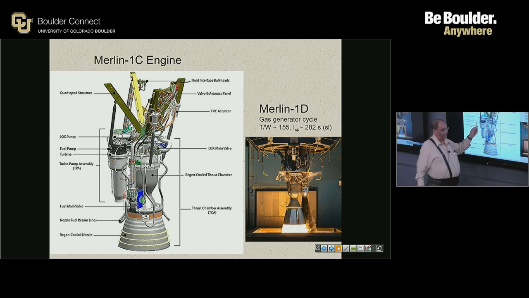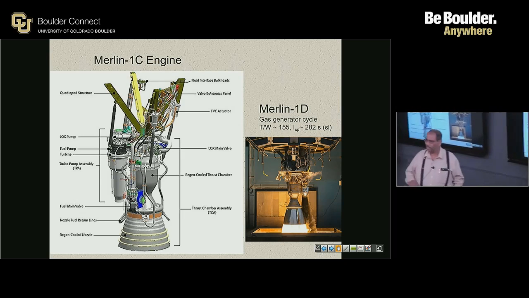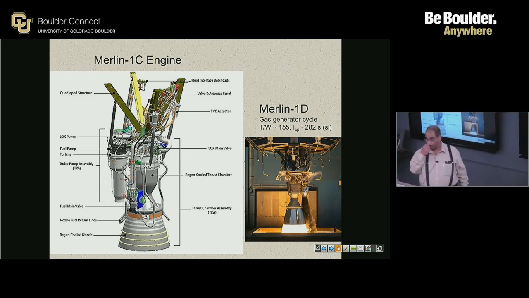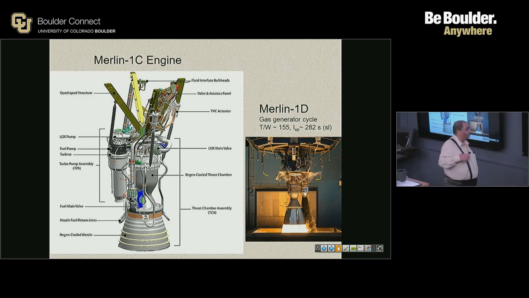The gases generated drive a turbine, just like in an aircraft engine. The hot gases drive the turbine, that drives the turbopump, right? Now, in order to keep the design simple, you have to limit the temperature of the gases generated to about 1,000 degrees Kelvin or so.